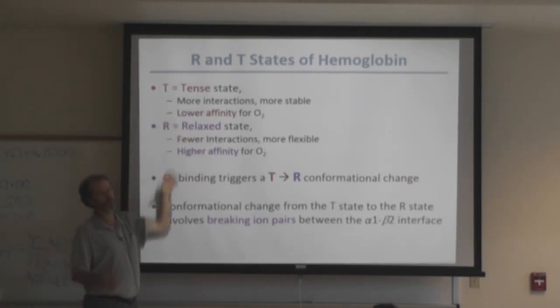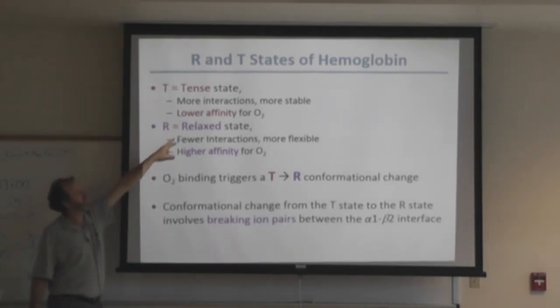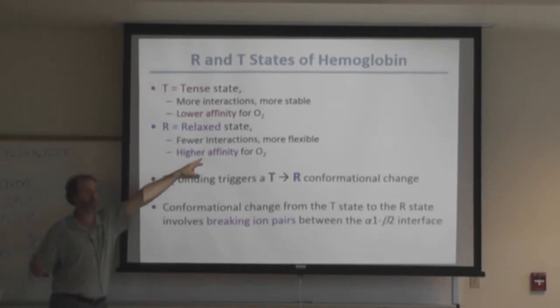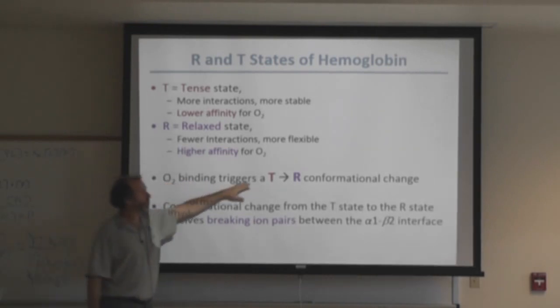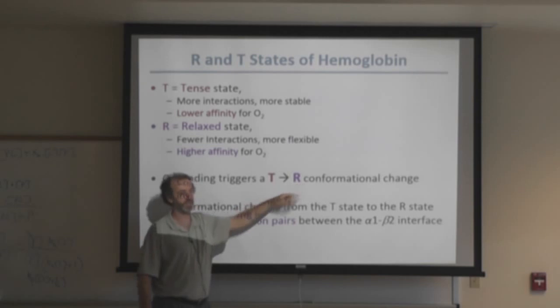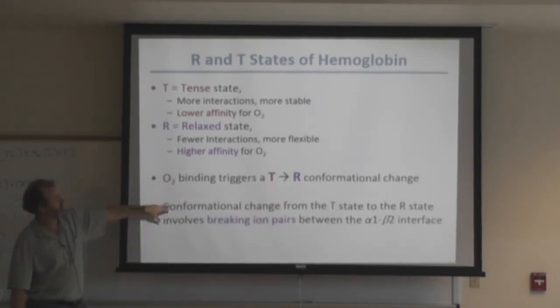The relaxed state has fewer interactions, it's more flexible, and has a higher affinity for oxygen. Once you get oxygen binding, it'll trigger the T to an R conformation change, and the other subunits will have that relaxed state conformation.